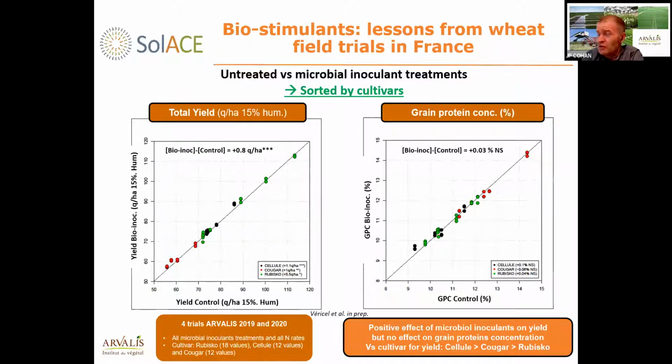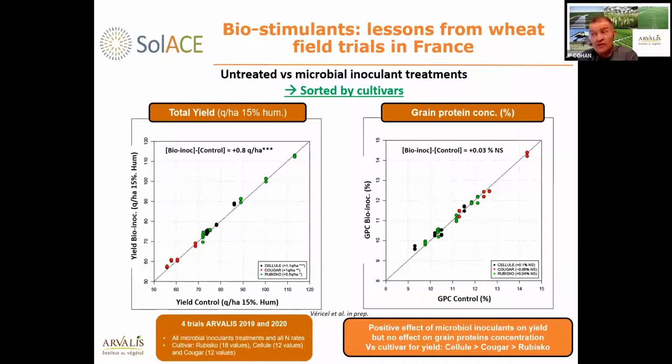So as the conclusion for this slide, we showed that we can see a significant global effect of the bio-inoculant on yield, meaning 0.8 quintal per hectare. If you are not accustomed to Q per hectare, Q is a French unit, it means a deciton.